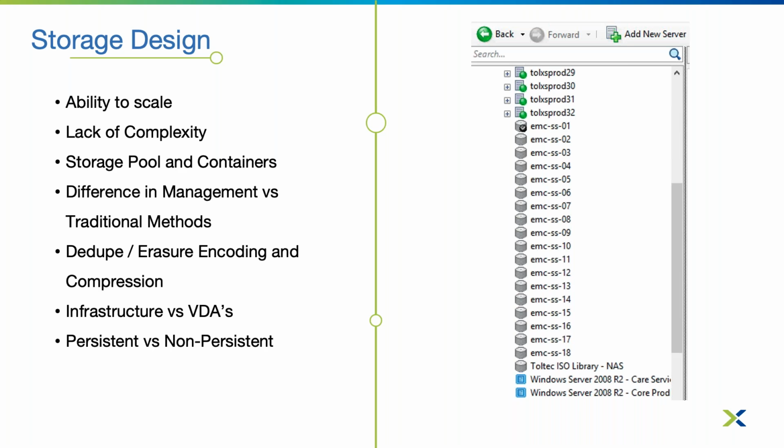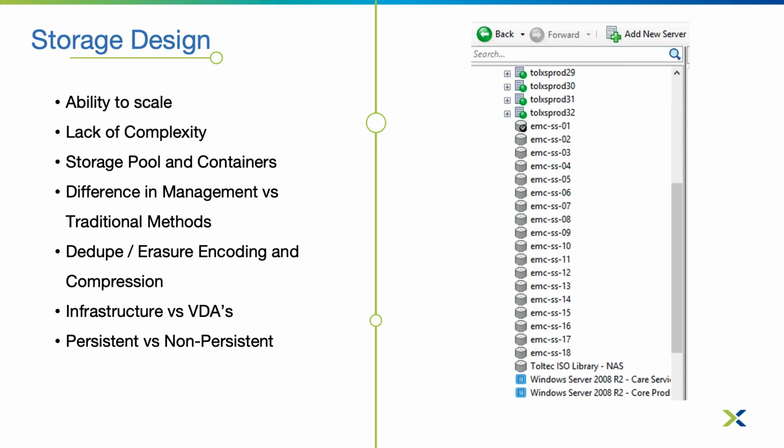For non-persistent, we recommend just using compression. For persistent, that's where you might want to use dedupe. For EUC, we don't recommend erasure coding, or EC, because that's a post-process type, 7 days thing. So typically it's compression for non-persistent, and then dedupe for persistent desktops.